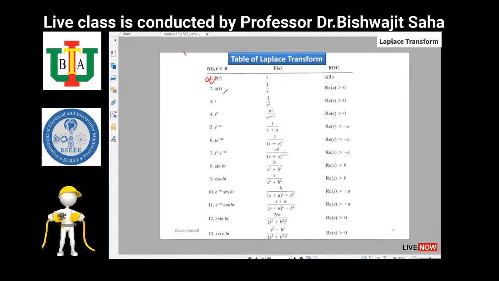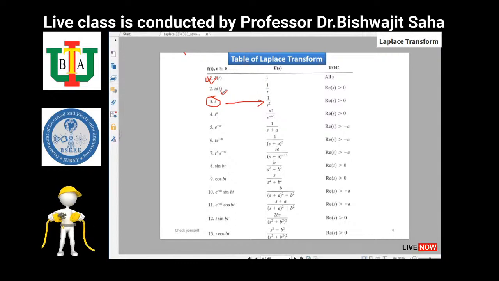The u of t, the unit step function, has Laplace transform 1 over s. And t is another type of signal, its Laplace transform is 1 over s square. How it comes, everybody knows.